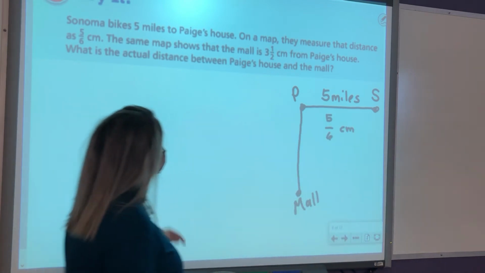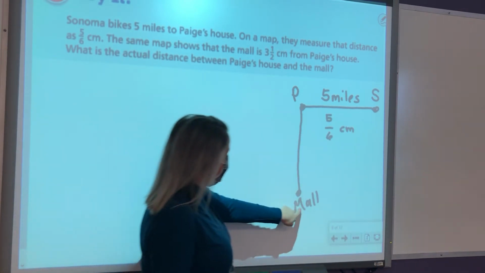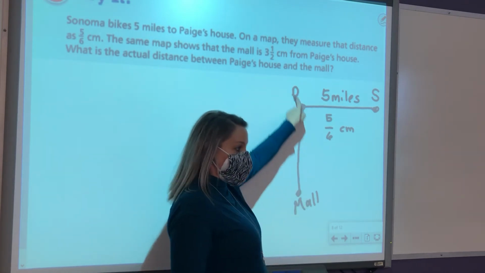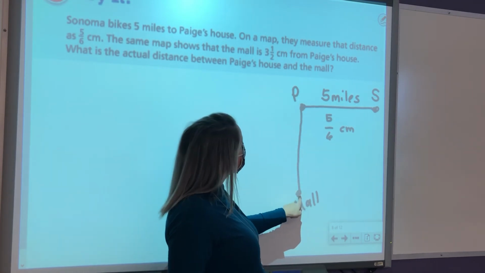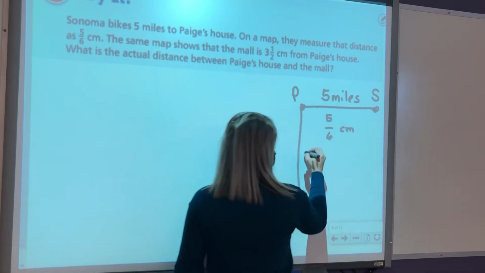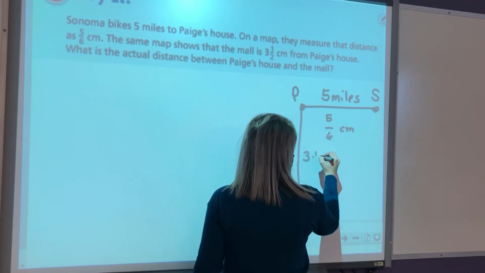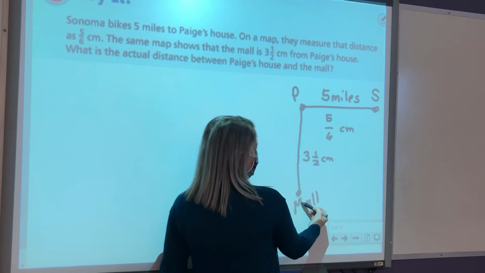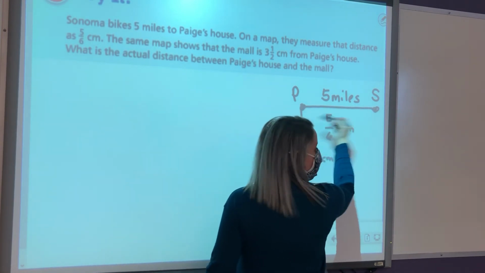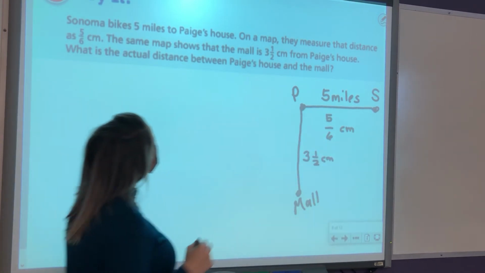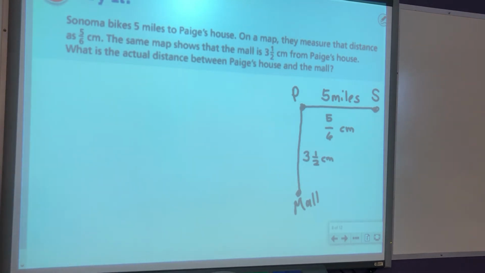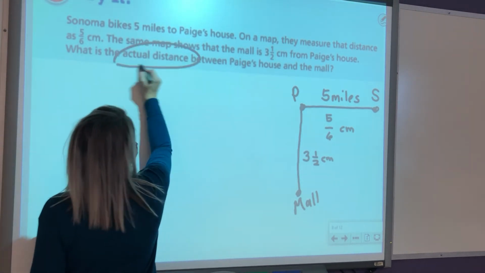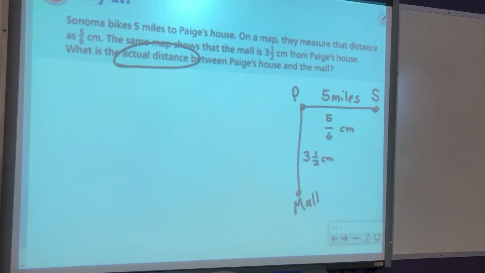The other information that we know is that the mall is 3.5 centimeters from Paige's house. So from here to here, it's 3.5. Here to here, it's 5/6. Okay. So we want to know the actual distance between Paige's house and the mall.